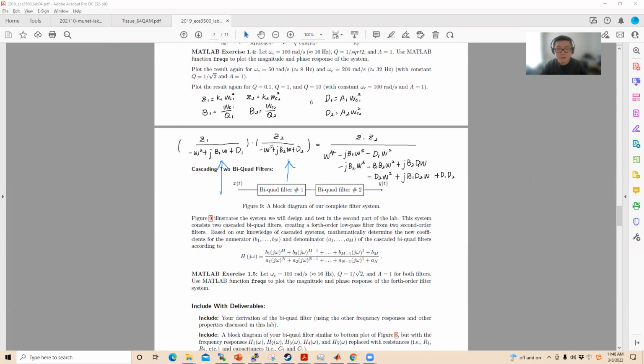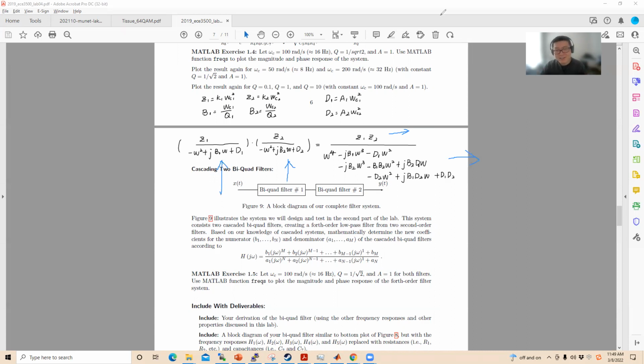Then what we need to do is to calculate this combined system's response, which means we need to compute the final numerator coefficient vector and this denominator coefficient vector.